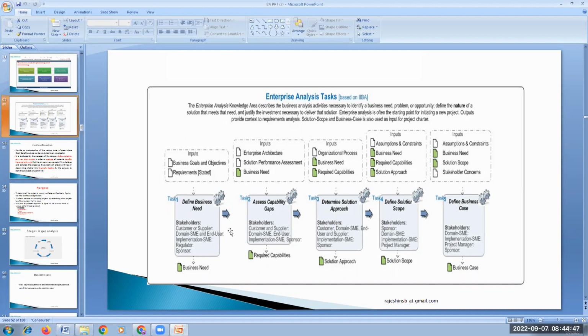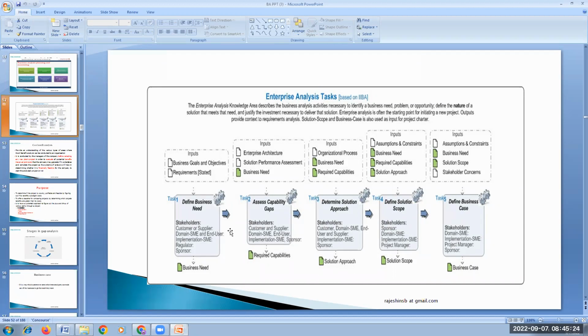Unless you understand the organizational process, determining the solution approach is not possible. The business need and the capability gaps we have carried earlier will all be taken into account when you determine a solution approach, on the third level of business analysis.